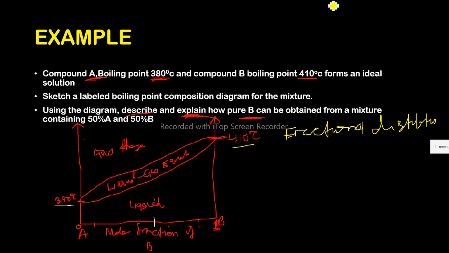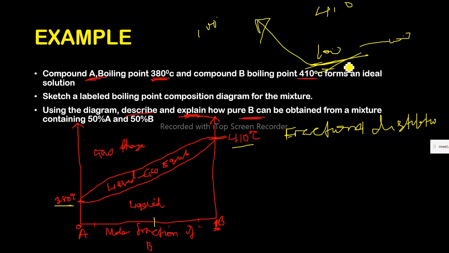Otherwise, if the difference was large, like one boils at 410 and another at 100, then we just need simple distillation, whereby you just boil once and you reach 100 and form a vapor, and you are guaranteed that this vapor is going to be 100% this.